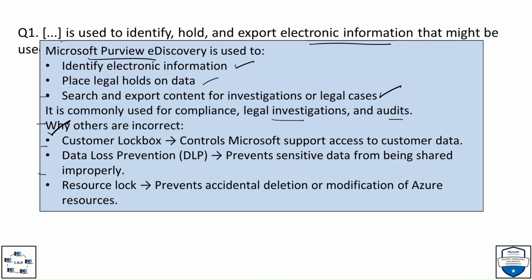So why are the other options incorrect? Customer Lockbox controls Microsoft support access to customer data. Data loss prevention or DLP tool prevents sensitive data from being shared improperly or data being exfiltrated outside the organization. Resource lock prevents accidental deletion or modification of Azure resources.